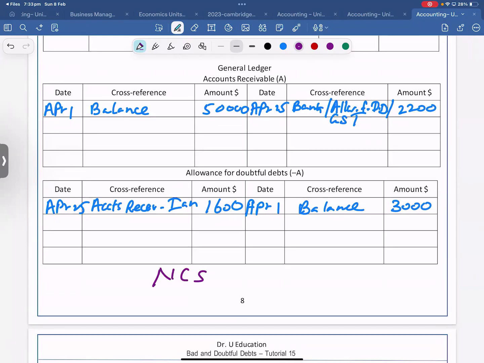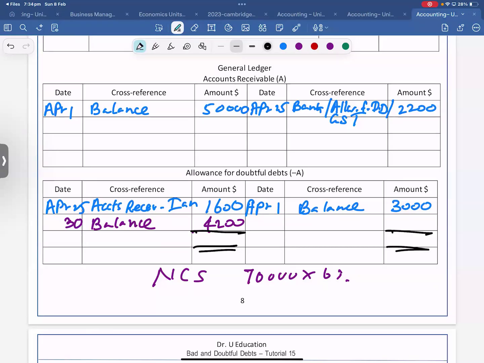Net credit sales, 70,000. 6%. For 200, what do you do for 200? Open it and you can transfer. April 30th. So balance, 5,800, guys.